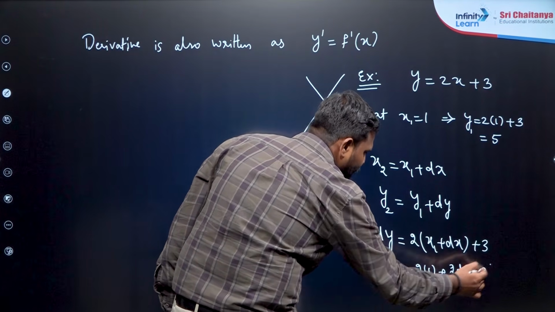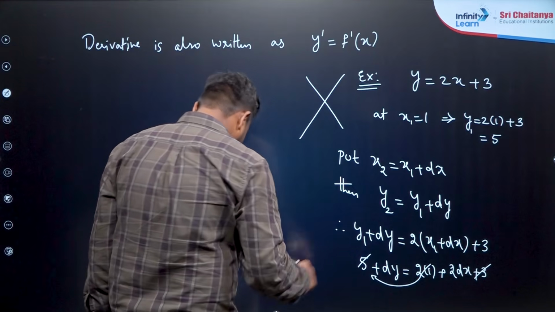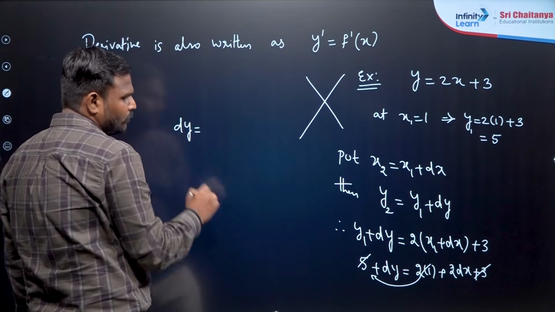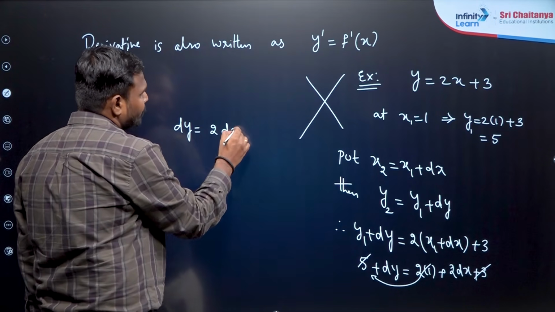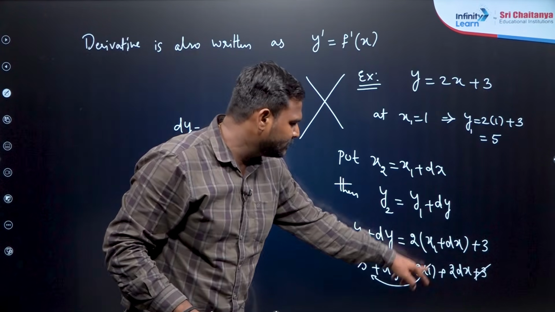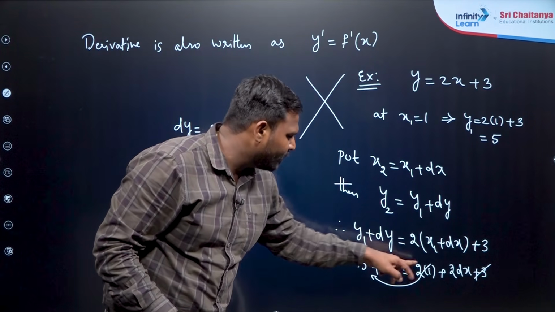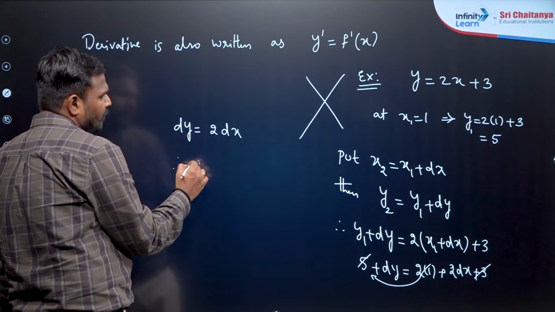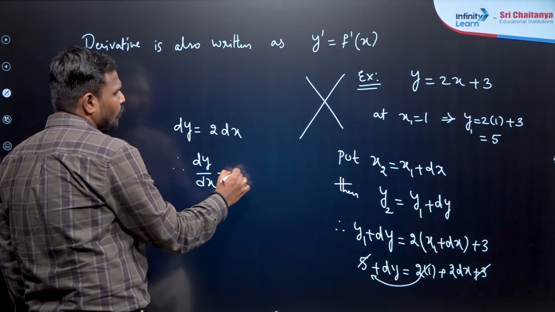So 2 plus 3 is 5, and 5 minus 5 is 0. So what is remaining, sir, here? dy is equal to 2 times dx. I hope the mathematics is clear, sir. 2 ones are 2, 2 plus 3 is 5, 5 will come this side, 5 minus 5 is 0. So the remaining is 2 dx is equal to dy. Therefore dy by dx is equal to 2.